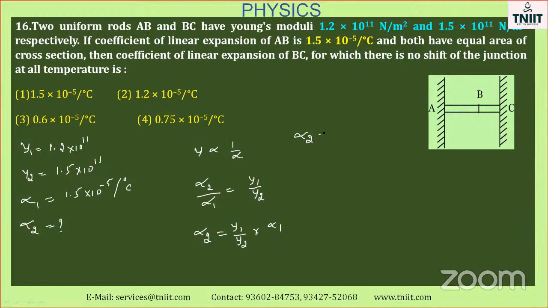So alpha 2 value will be Y1 is 1.2 into 10 power 11, Y2 is 1.5 into 10 power 11, alpha 1 is 1.5 into 10 power minus 5. So this 1.5 will get cancelled out. So it will be 1.2 into 10 power minus 5. So option B is the right answer.